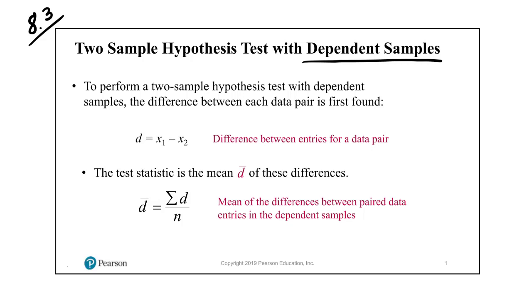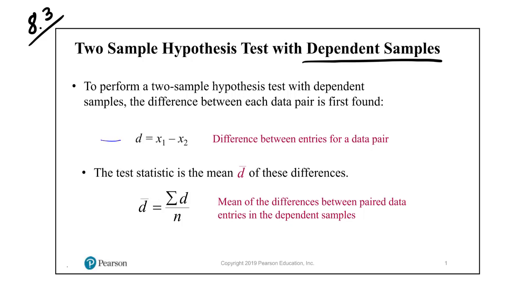So instead of just taking one sample and finding a mean there and taking the other sample and finding a mean there, we're going to look at the difference between entries from each sample, the ones that are connected, that are dependent.